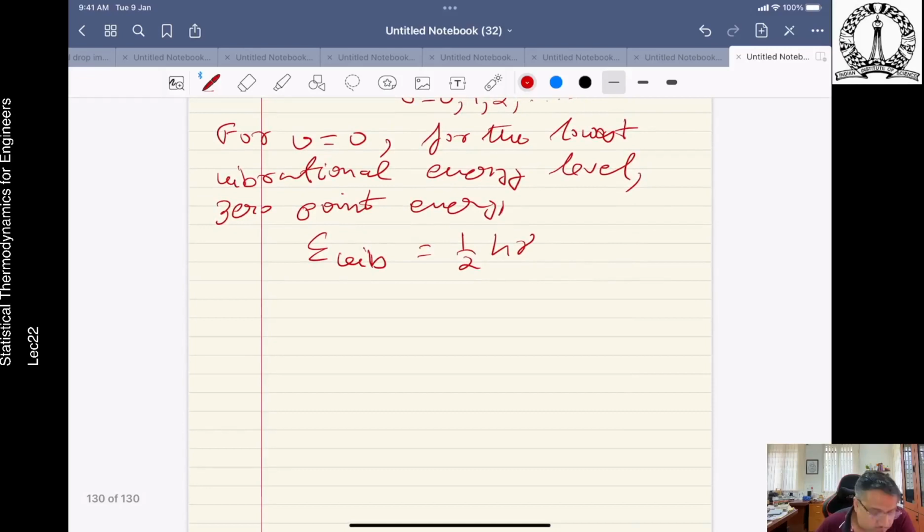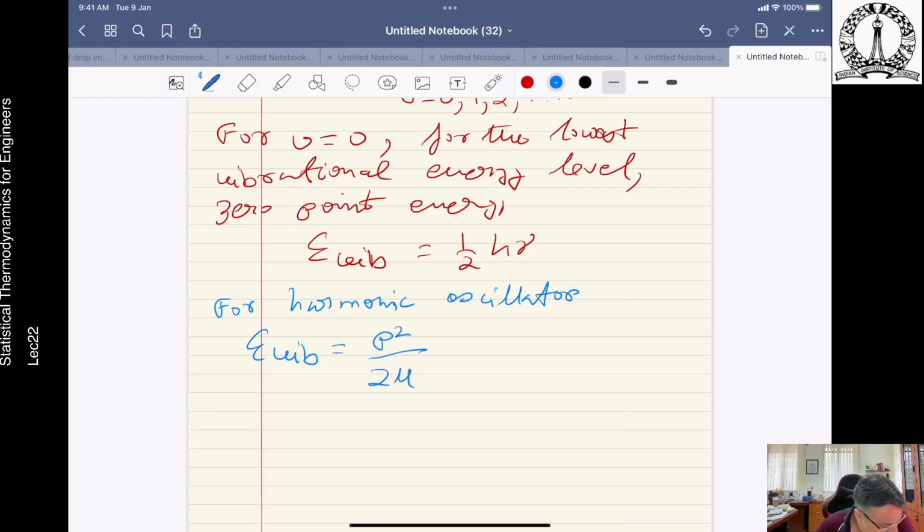So for the harmonic oscillator, E vibrational is equal to p squared by 2 mu plus k naught x squared by 2.